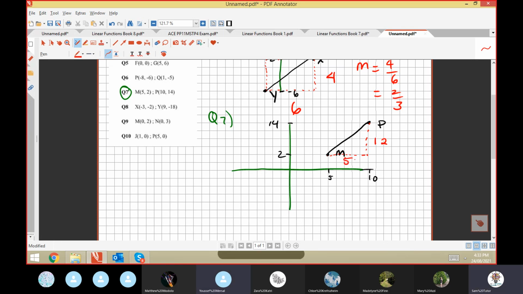Yeah. And then what you've got to be careful about after you've worked that out is, is it sloped to the right or sloped to the left? This one's to the right. Look, it's going that way. To the left would have been this way. Can you see that happening? Yeah. So if it's sloped to the right, which is positive, the answer is just 12/5, rise over run.